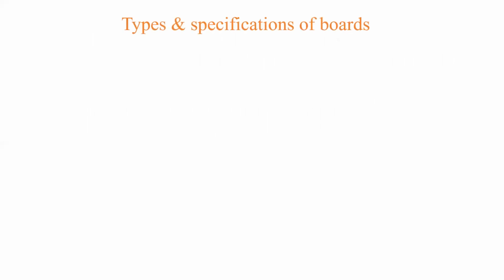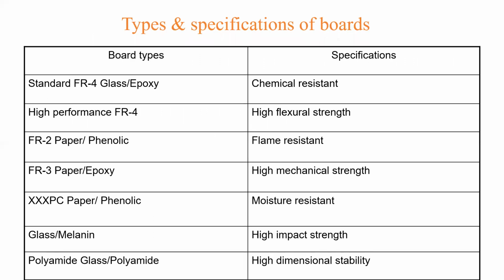Then types and specification of boards. Here are some board types, and these are the specifications of that. So see, the standard FR4 glass epoxy material is used in this, and this is the chemical resistance. High performance FR4, high flexural strength. FR2 paper phenolic, the flame resistance.